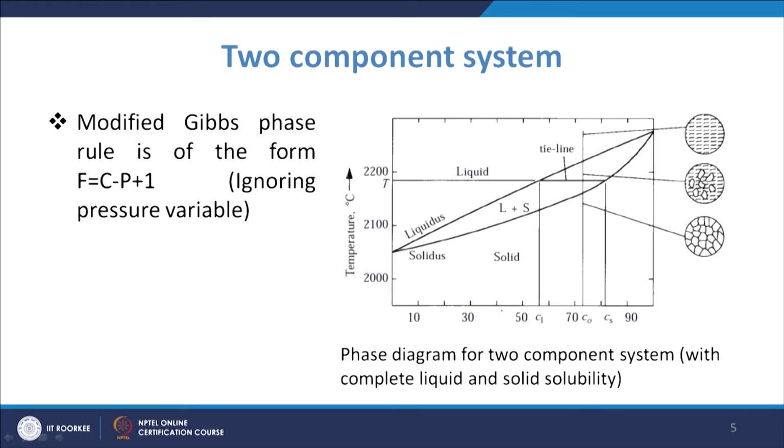So what we normally do is ignore the pressure and take only temperature and composition. So in the Gibbs phase rule, F equal to C minus P plus 2, that plus 2 will be replaced with plus 1, because we are ignoring the pressure, since pressure is seen not to make much change.